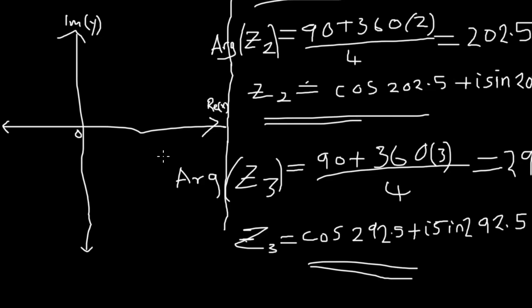But if you don't have a protractor, you convert these complex numbers into rectangular form, the form x plus iy.